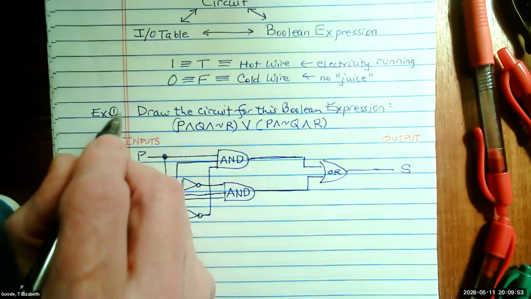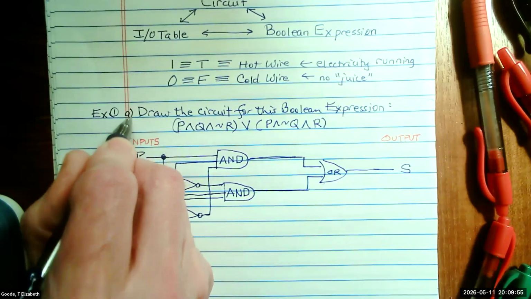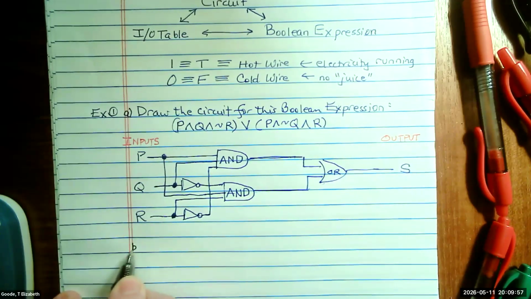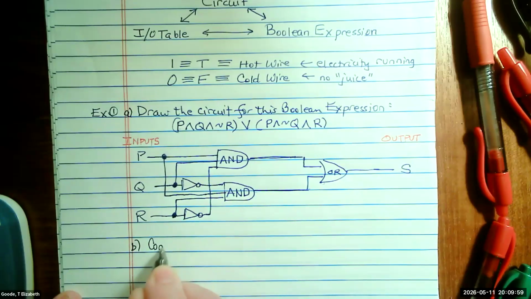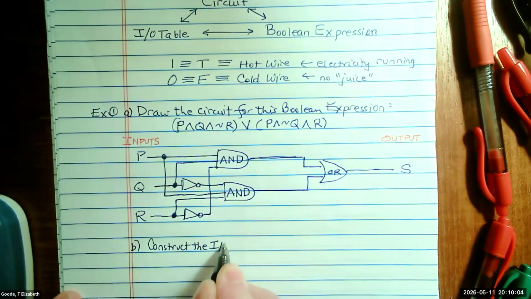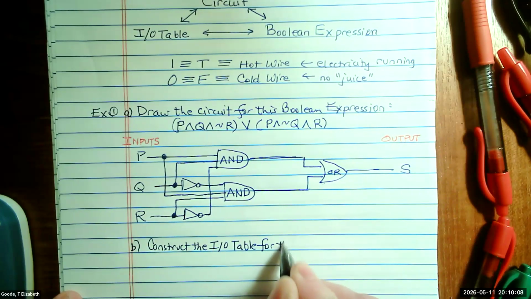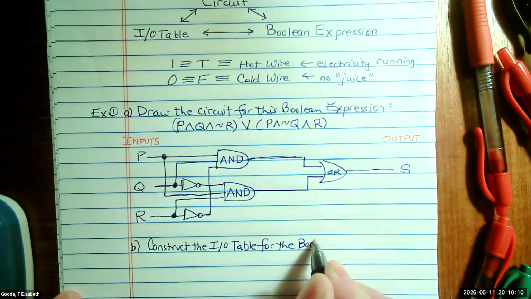So this can be part A, to draw the circuit. Well, part B is to construct the I/O table for the Boolean expression and the circuit.